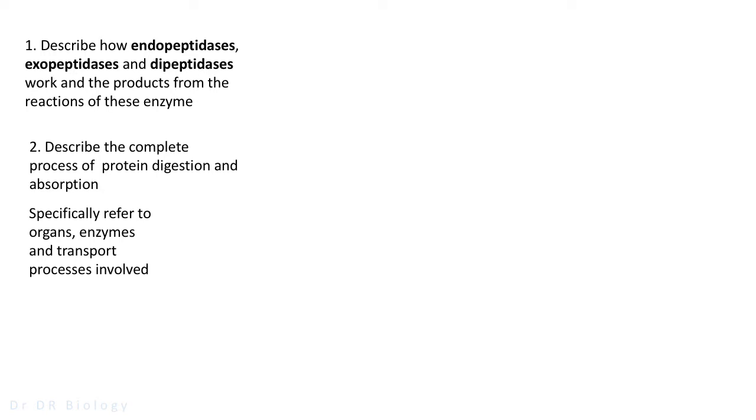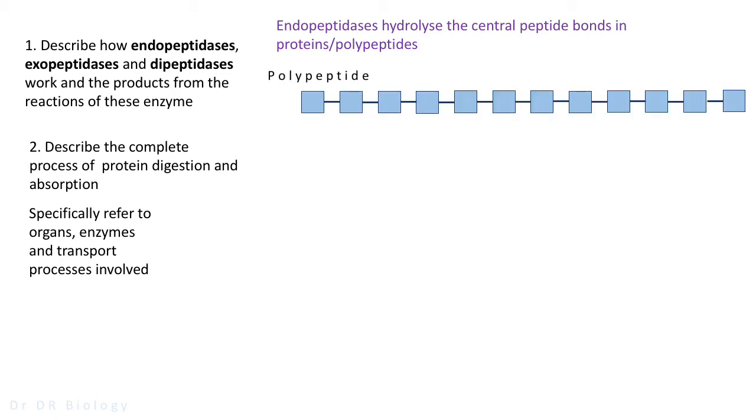Okay, so question 1, what you should have said for endopeptidases is this. So it's the central peptide bonds that are hydrolyzed by endopeptidases. So just a diagram to show you. We've got a polypeptide or protein, amino acids and peptide bonds.